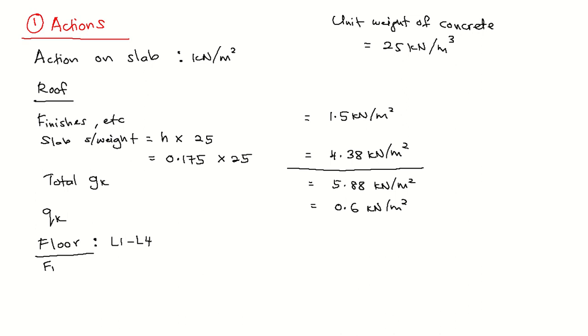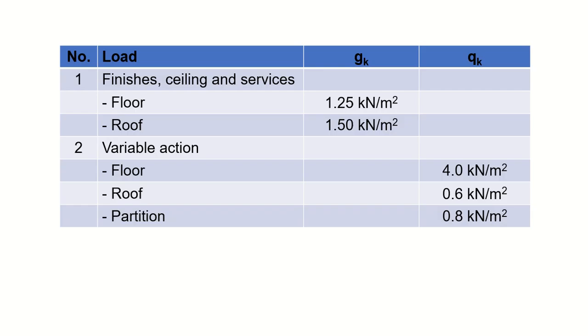So first we have the finishes and etc. For the floors, the finishes, ceiling and services is 1.25 kilonewton per meter square, and you have also this for floor.